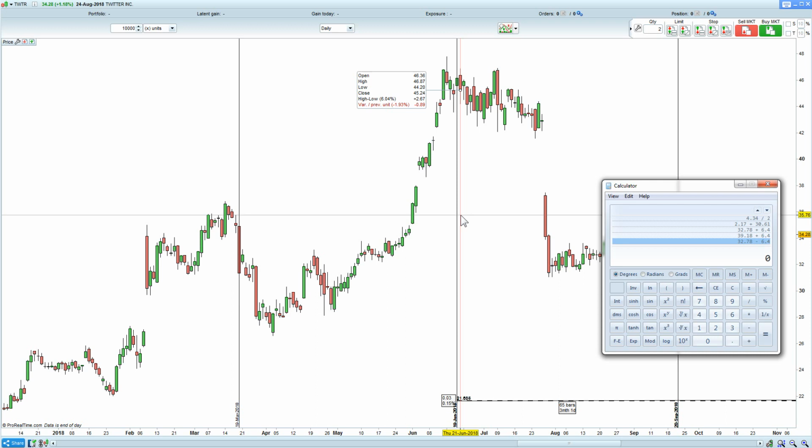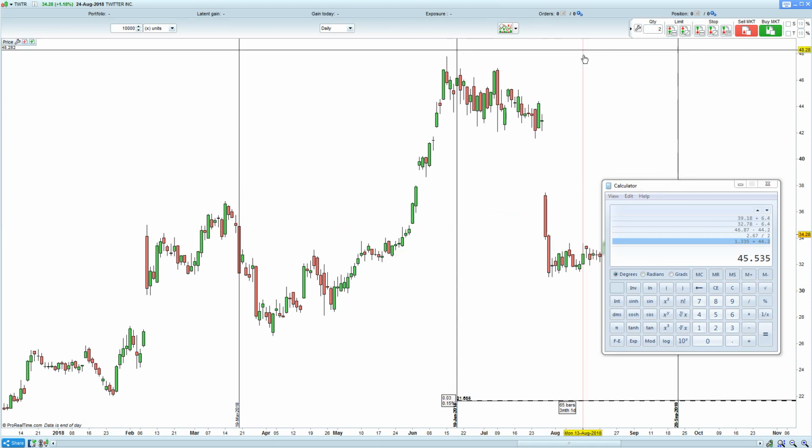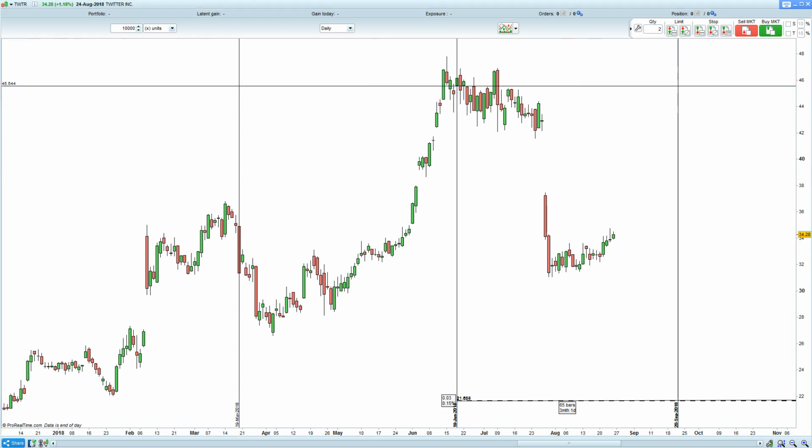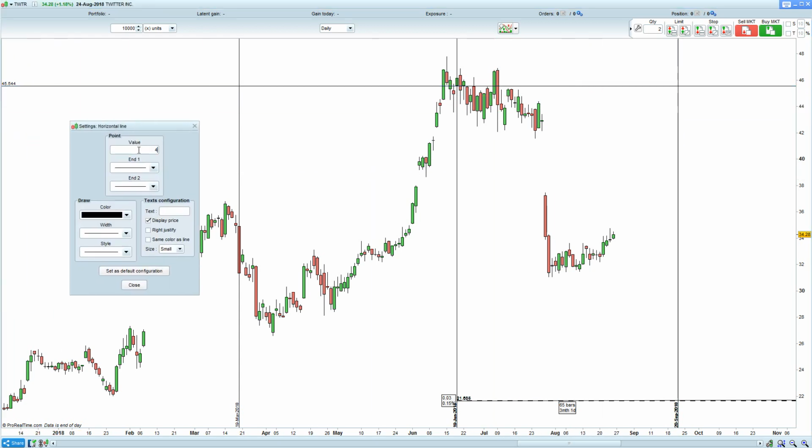The high was 46.87. We subtract the low of 44.20. We get a range of 2.67. Divide that by 2 and add it to the low price, which was 44.2. So we get an average price of 45.53. So we add that, 45.53.